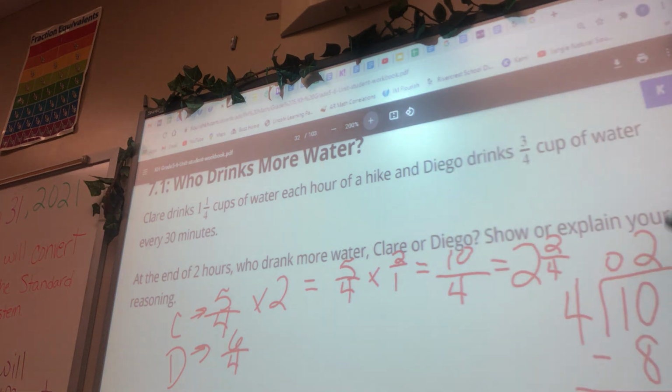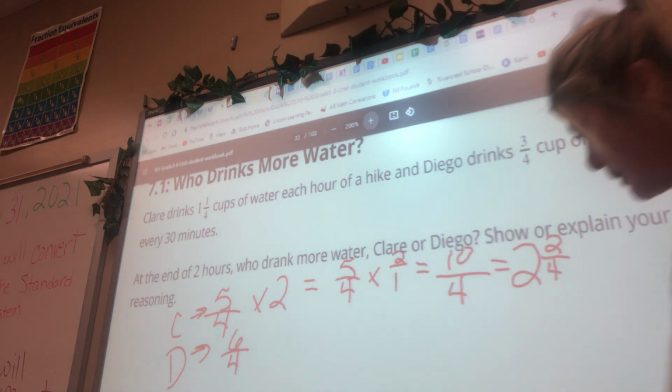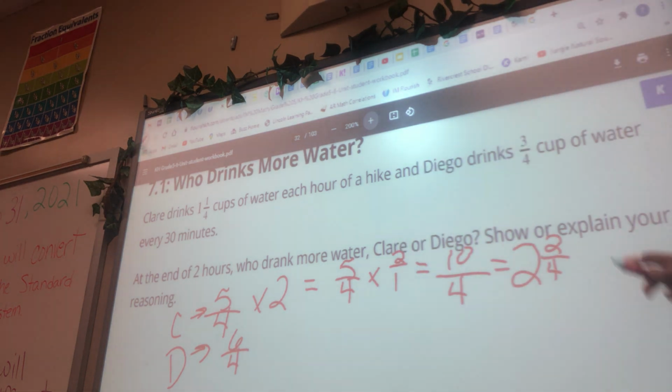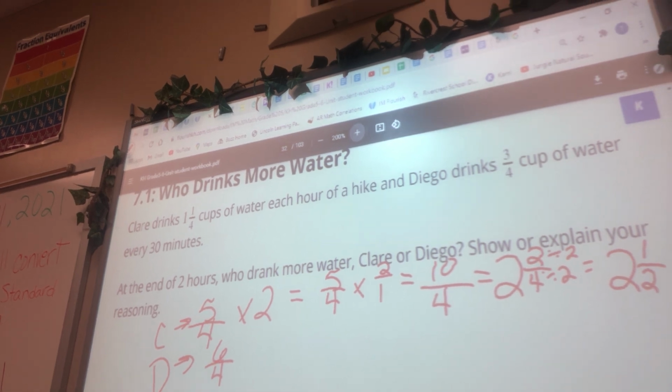Can I simplify 2/4? Yes. How? Divided by 2. They're both divisible by 2. So if I divide both of these by 2, I have 2 whole ones and 1/2. So that's how much Claire drank in 2 hours.